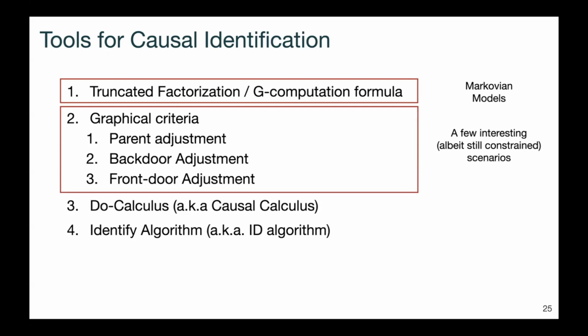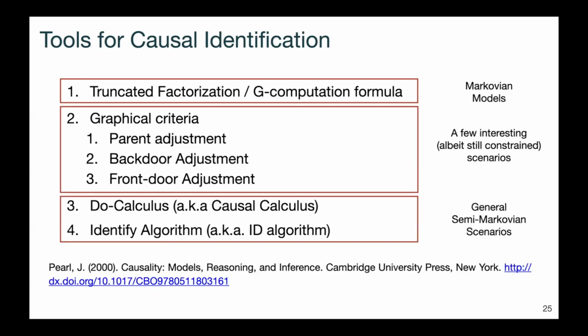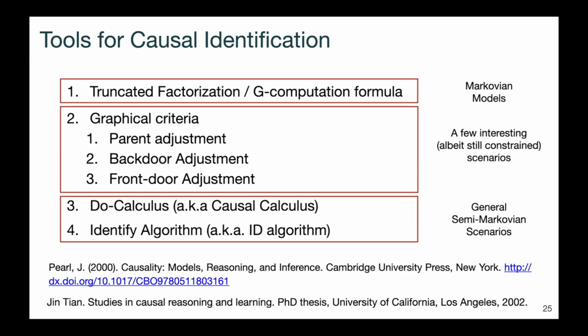The equivalence between both was shown by the authors of the ID algorithm, but they are both complete for the task of causal identification. We will try to cover all of them, and they are all available in Pearl's causality book. So let's start. For the ID algorithm, there's this reference, and I will give this reference again later.